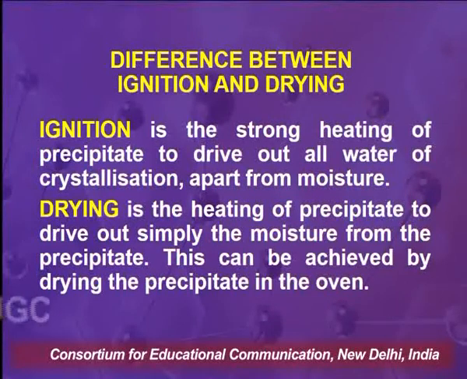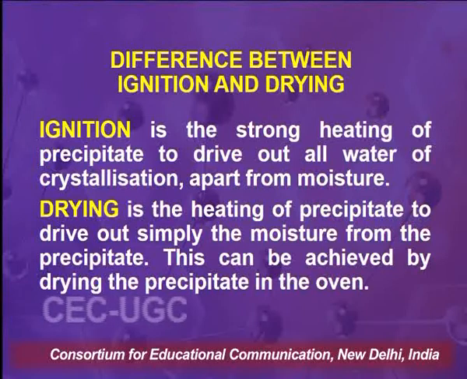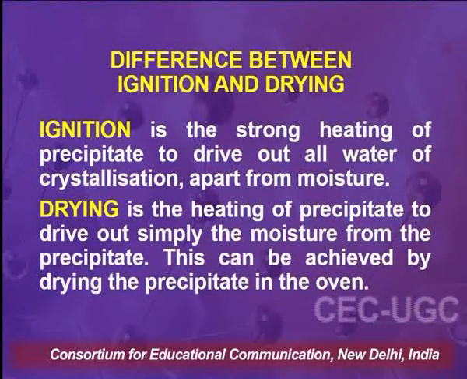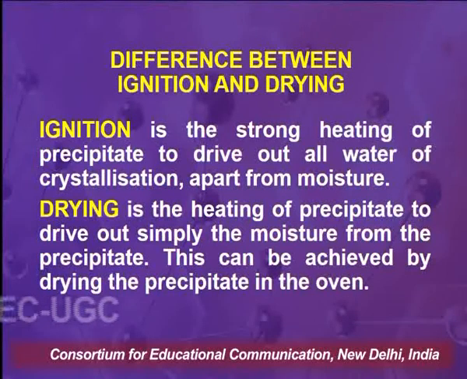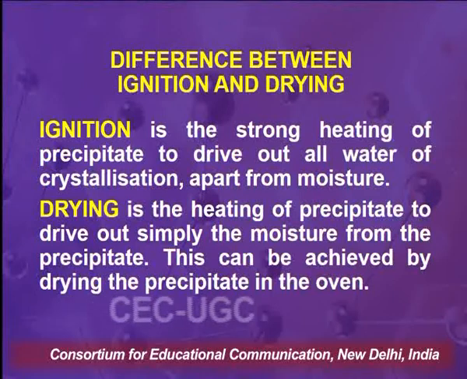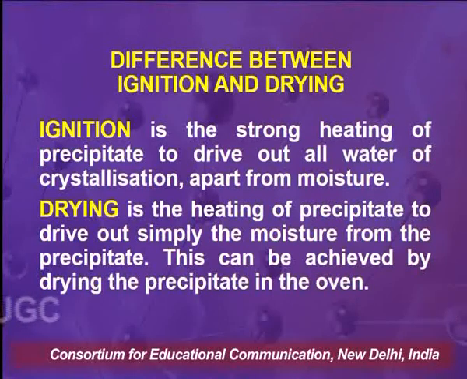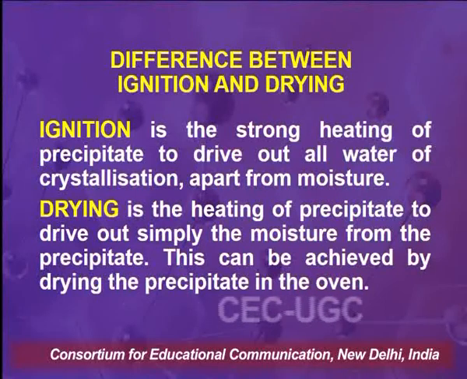Ignition of the precipitate is the strong heating of the precipitate to drive out all the water of crystallization or even the water of constitution apart from the adhering moisture. Drying of a precipitate is the heating of a precipitate to drive out simply the moisture which is adhering to the precipitate.